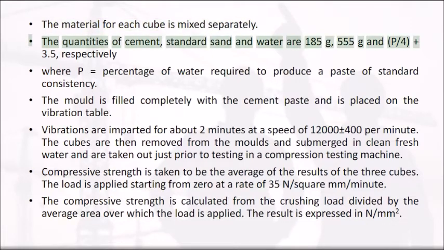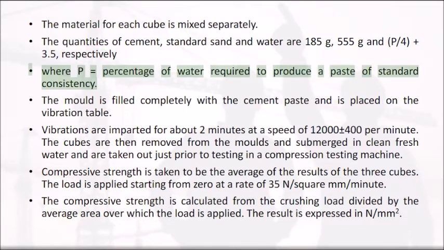The quantities of cement, standard sand, and water are 185 g, 555 g and P/4 plus 3.5, respectively, where P equals percentage of water required to produce a paste of standard consistency.